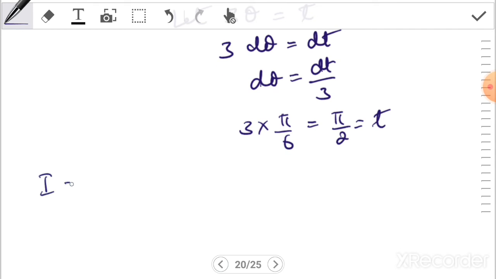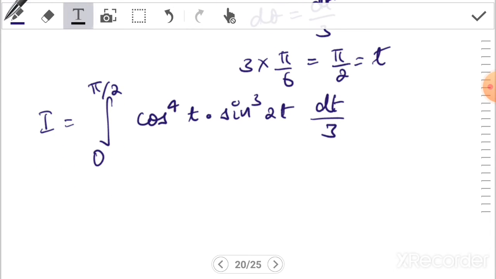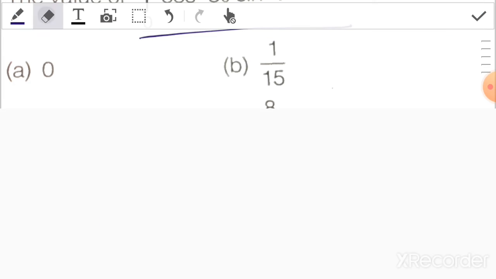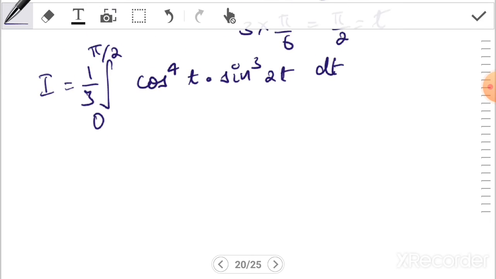Now the integral simplifies to 0 to pi by 2 of cos 4t into sin cube 2t and dt by 3. So you can take 1 by 3 outside. Now sin 2t is 2 sin t cos t.